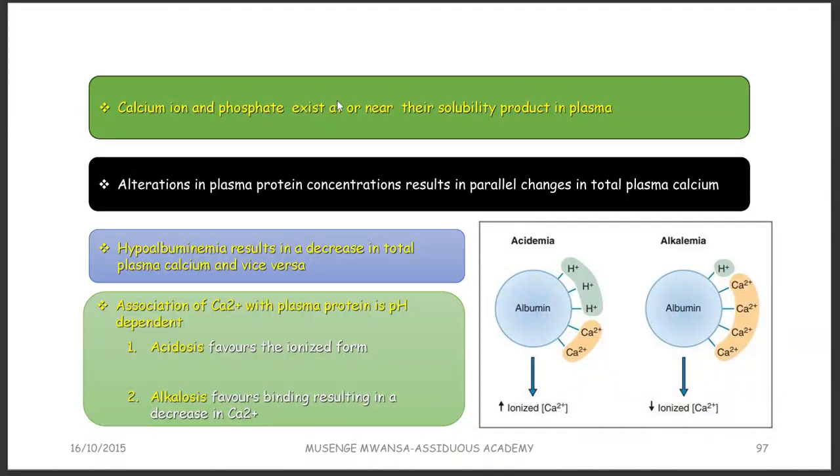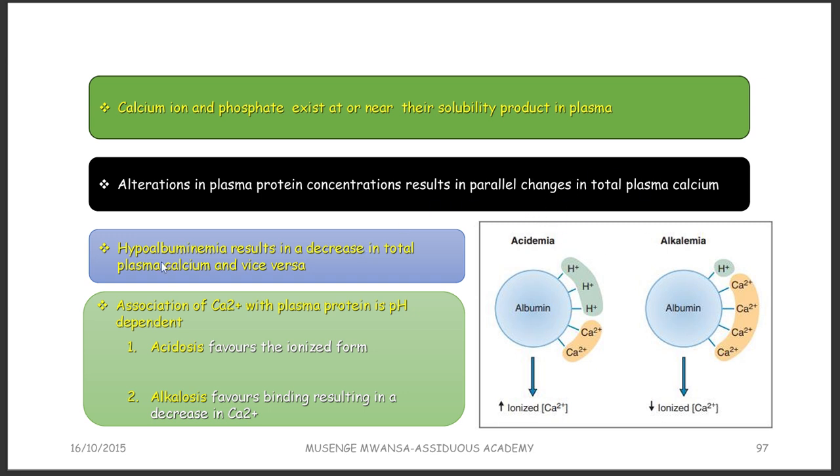Calcium ion and phosphate exist at or near their solubility product in plasma, meaning that they are near equilibrium. Alteration in plasma protein concentration results in a parallel change in total plasma calcium. Remember, calcium is attached to proteins, so if you reduce the proteins in plasma, that changes the calcium concentration.